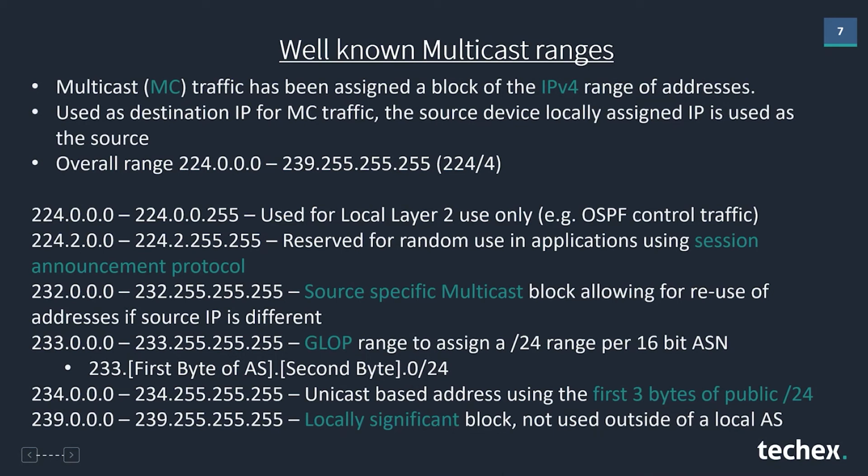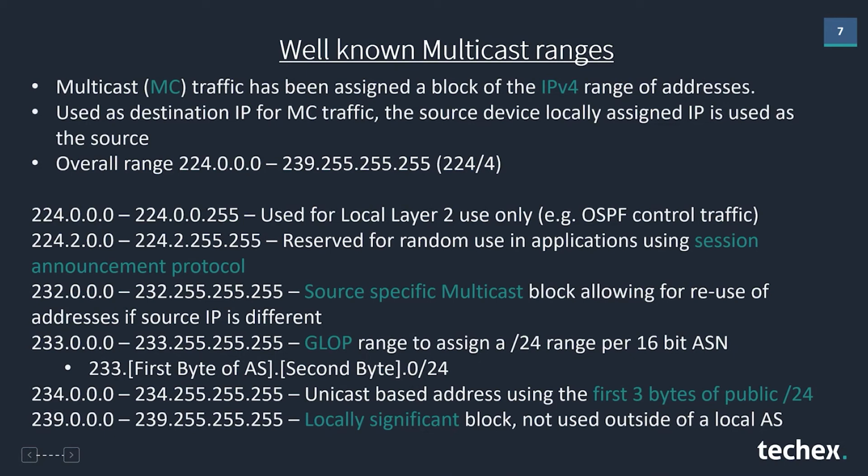It's a little bit complicated. Obviously, they are globally unique, so they allow you to have those ranges. The only issue with this is that if you have a 32-bit ASN number, you don't have a GLOP address assigned to you. That is the only issue with that.